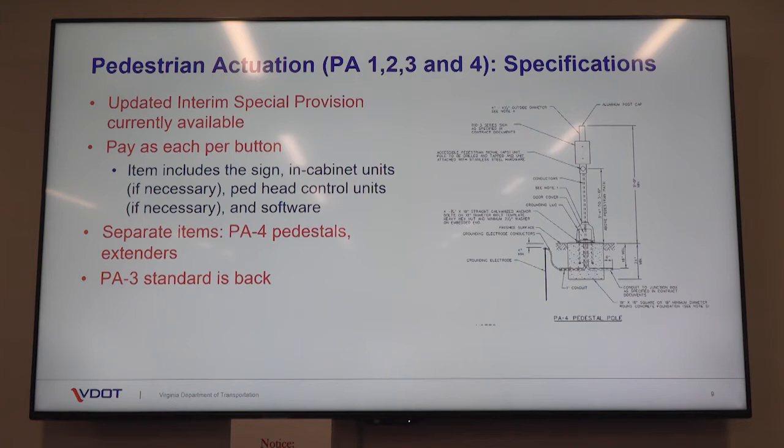I know that Michelle had hit a little bit on that and about the 10-inch maximum reach for APS previously. So while VDOT standards and specifications don't specifically call out a maximum 10-inch reach requirement, federal standards do.